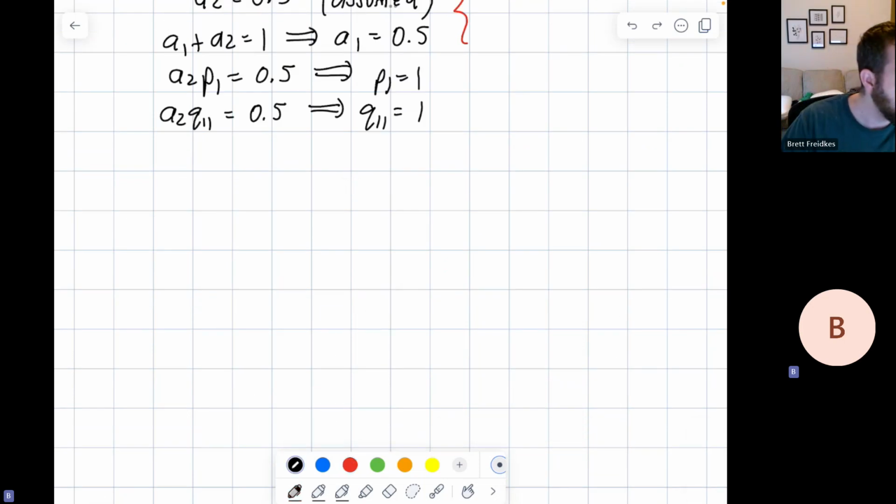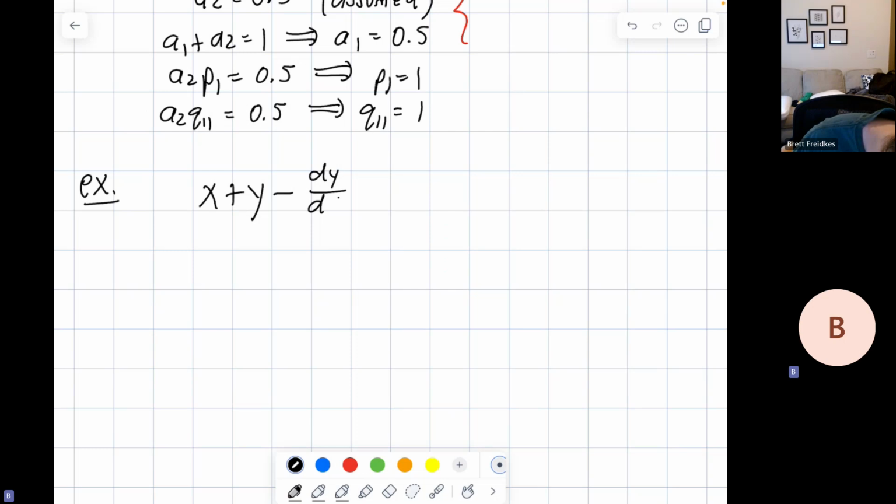So with that in mind, let's try to do an example. And the example that I did in class was that I gave you the differential equation, and maybe I'll write it differently just for the sake of how we would do this. Let's say I have x plus y minus dy dx is equal to 1, and we know that the initial condition y of 0 is equal to 2.